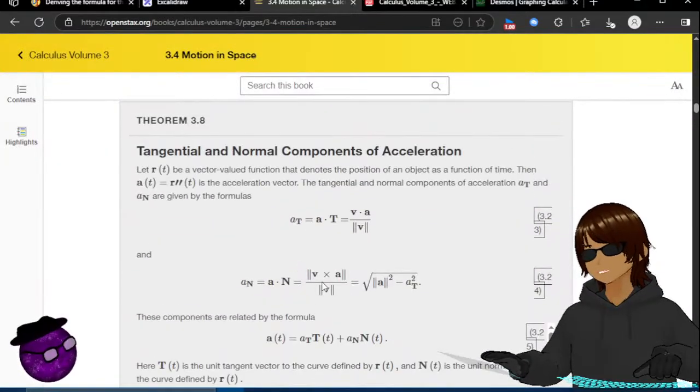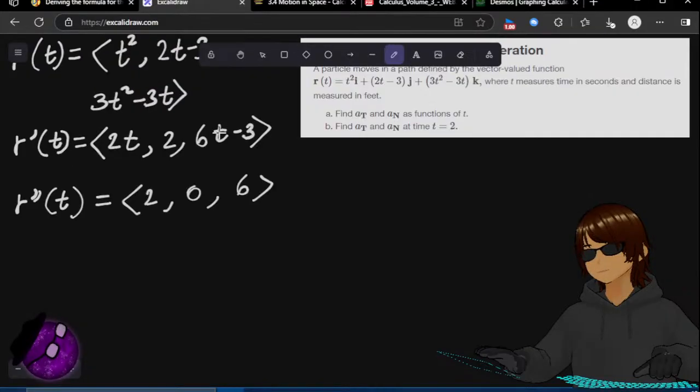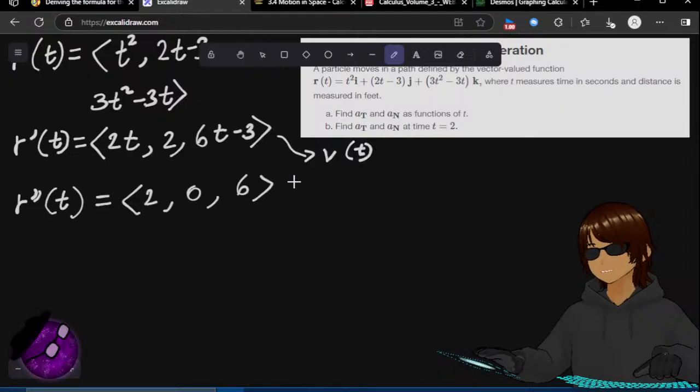Now the acceleration, a dot T. So this over here is v, T, a_T.